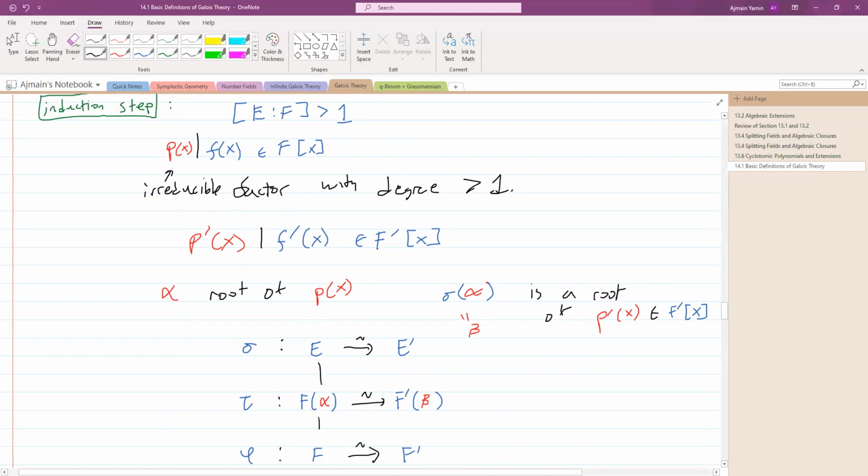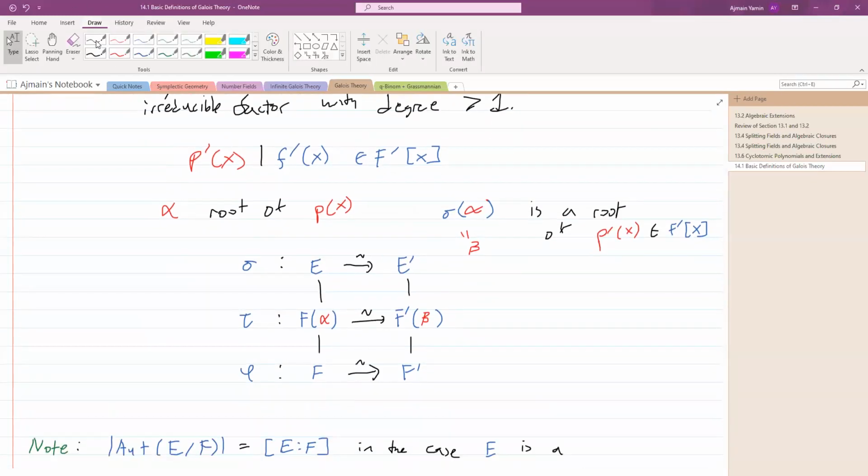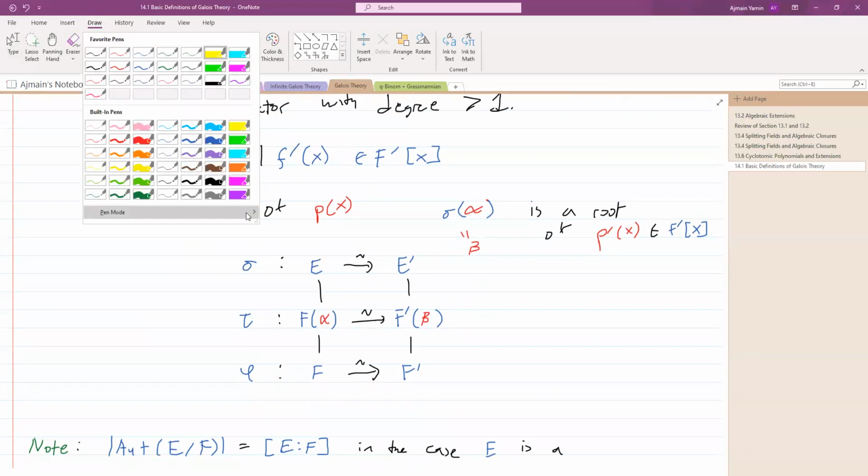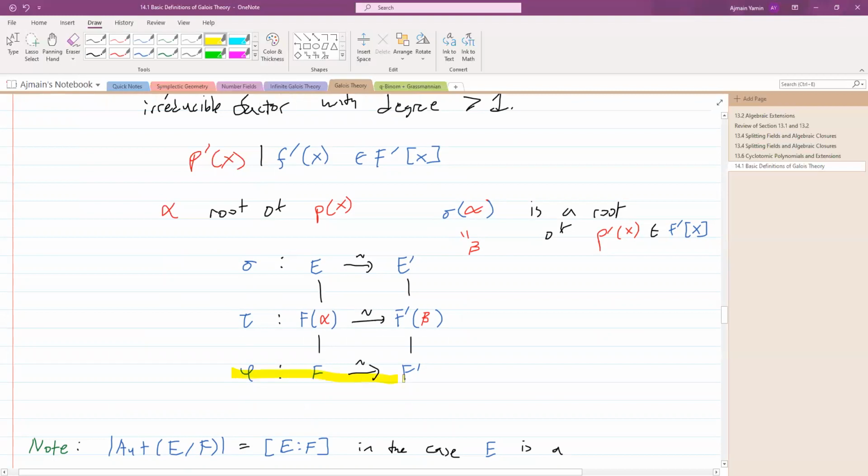So this is a subfield of that, this is a subfield of that. Okay, just to make this clear, what's happening is you're starting with phi, an isomorphism from F to F prime, and then you're picking some extension sigma from E to E prime.